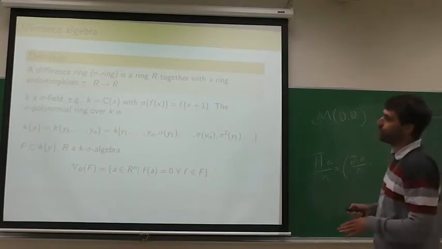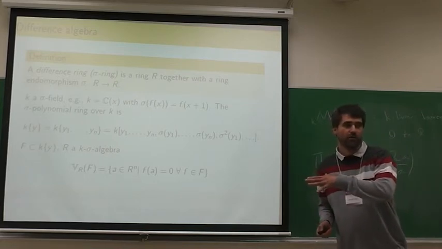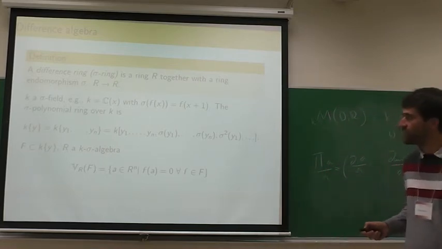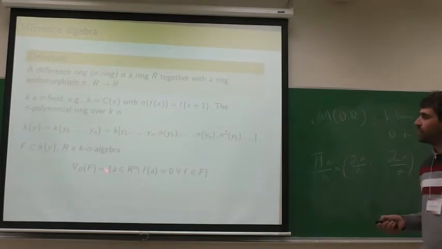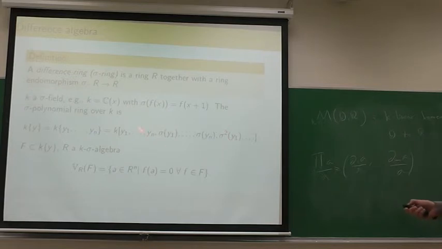From now on, we will work over this fixed difference field K, and we consider difference polynomials over this difference field. The difference polynomial ring in the difference variables y1 up to yn is a polynomial ring in infinitely many variables: y1 to yn, sigma y1, and so on. Here you have an action of sigma, which is determined as it is suggested by the names of the variables.